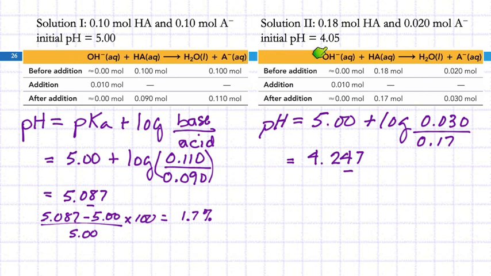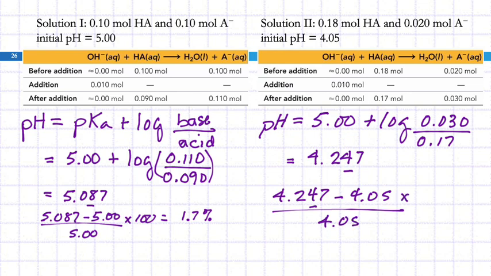It started out at 4.05. So 4.247 minus 4.05, divided by 4.05, and that change is 4.9%, which is definitely higher than 1.7%.